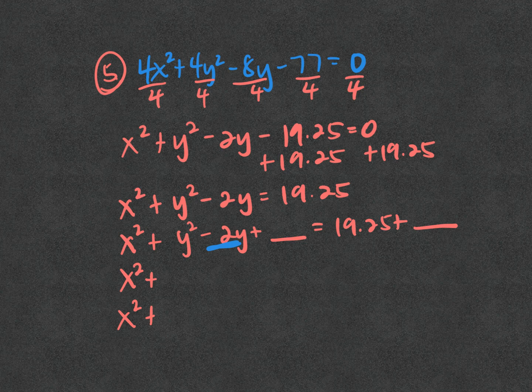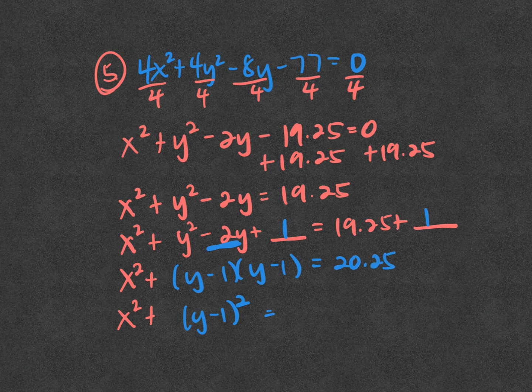What is half of 2? Half of 2 is 1. Squared is 1. And then this factors into y minus 1, which is y minus 1 squared. Now, we also put that in the blank here. So we get 20.25 and 20.25.